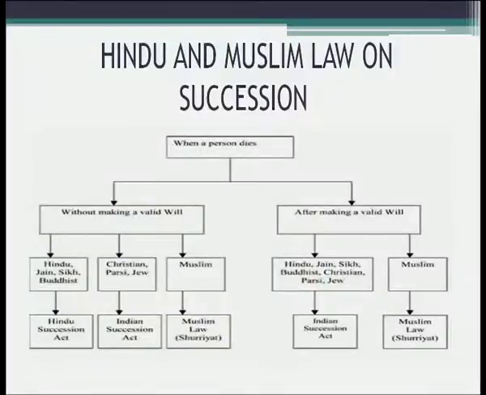Friends, if a Hindu dies after making a testamentary instrument for the succession of his property, that is called a will, then the rules of the Indian Succession Act will apply, and the property of the Hindu goes to the future heirs as per the rules of the Indian Succession Act and the specific will made by the Hindu.